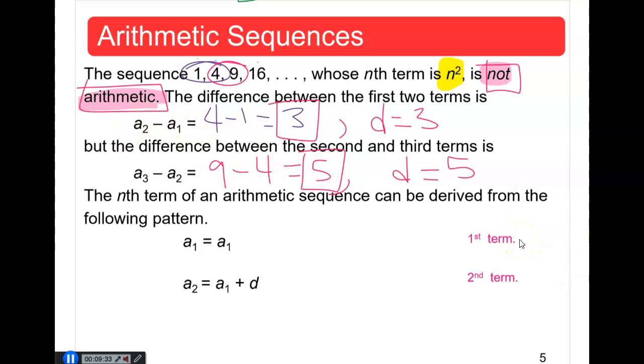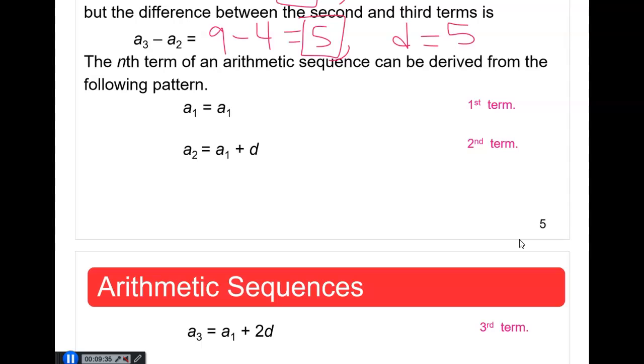So just to show you what I started to write on the second slide of the section, I wrote down that we find the second term by taking the first term and then adding that common difference, which is d. And so we get the second term.